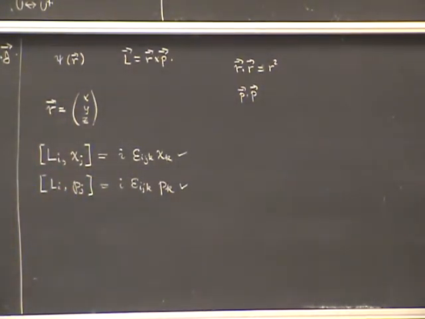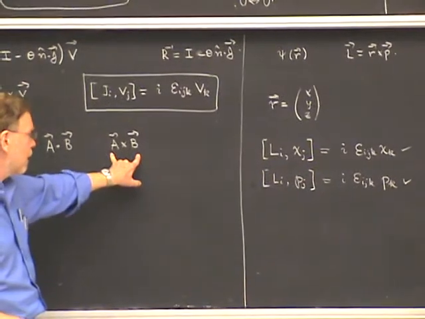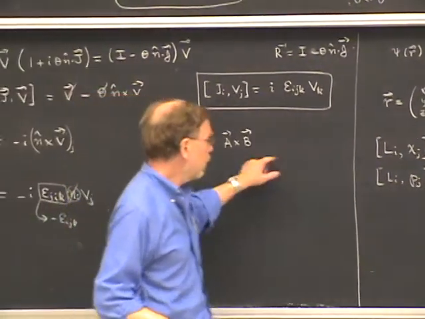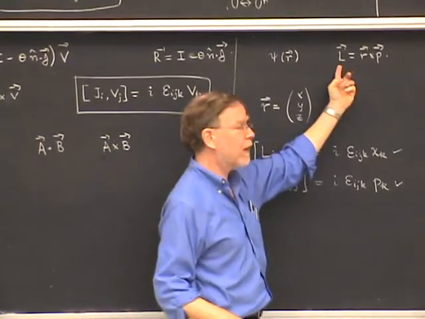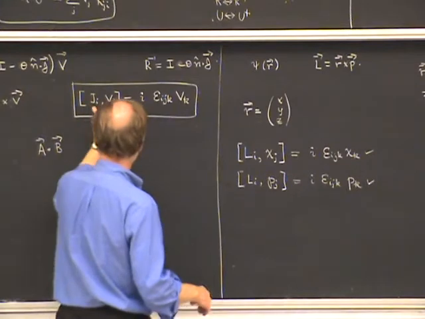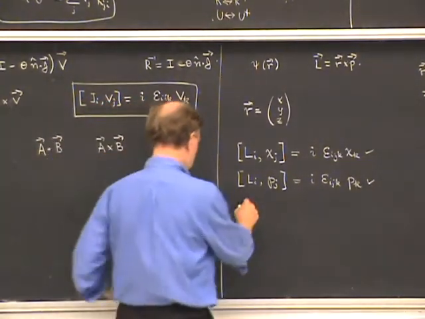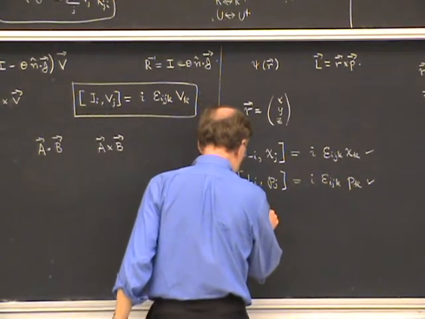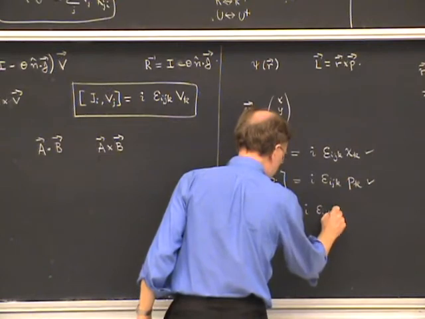Now, again, using these theorems that I quoted here, that for example, the cross product of two vector operators is another vector operator. Once you've shown that the position r and the momentum p are vector operators, it follows that angular momentum is also. And so it must satisfy the same commutation relation with j replaced by L and now v replaced by L. So that's these commutation relations, L_i L_j is equal to i epsilon_ijk L_k.